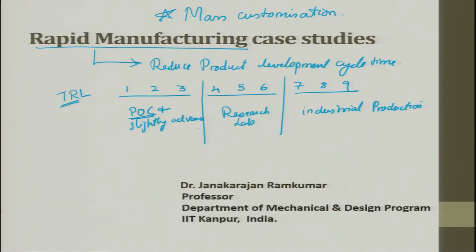In order to do mass customization of products, we follow rapid manufacturing, and interestingly today the market has changed its requirements. Today we do not talk about what have you produced, we talk about what have you delivered. Okay.